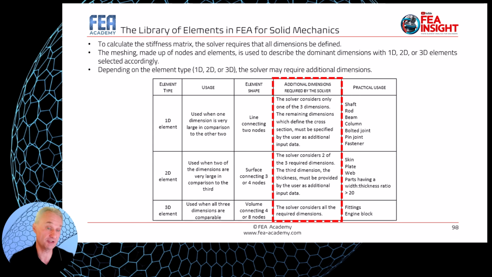So the third dimension, which is the thickness, must be provided on top of the 2D shell element. For the 3D element, the solver already has all the information because you define an element in space with 3 or more nodes. Okay, so no additional geometrical dimension is required.